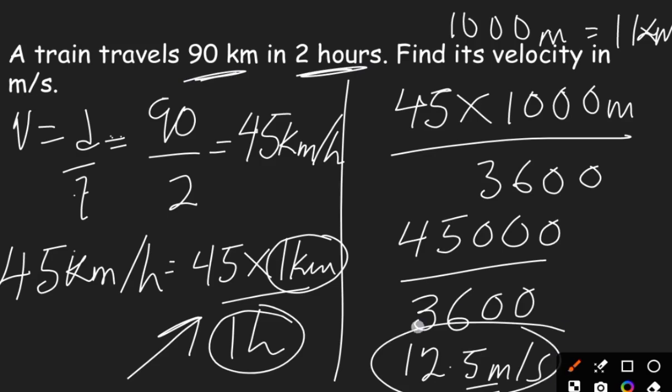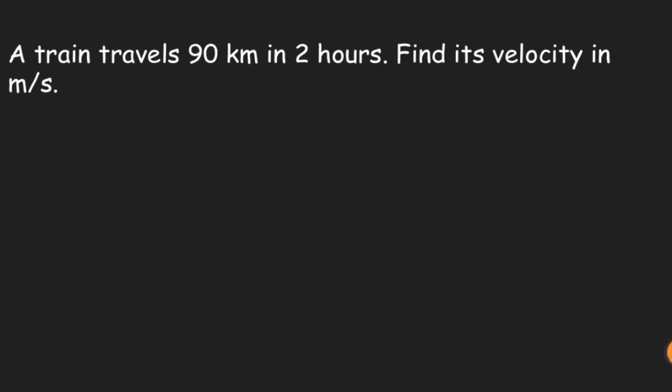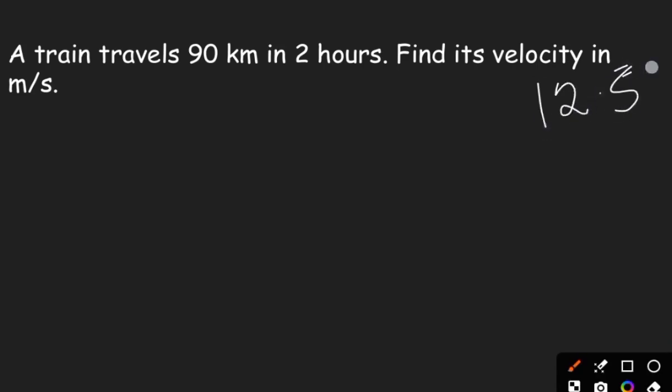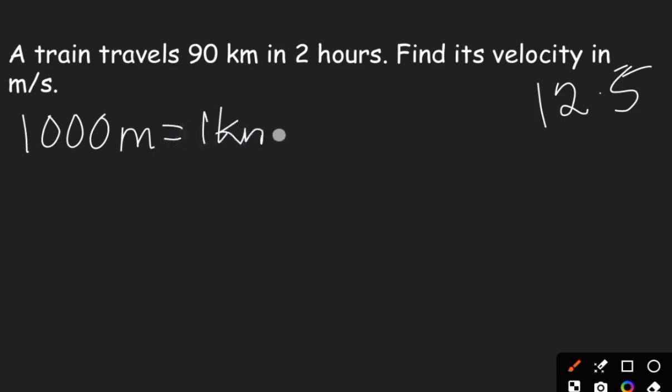So I mentioned another approach where you convert this to meters, this to seconds, and work it. So we know that our answer is what? 12.5. So let's expect 12.5. So converting 90 kilometers to meters. 1000 meters equals 1 kilometer. So 90 kilometers will be 90 times 1000. We are going to have 90,000 meters. Then 2 hours. 1 hour equals 3,600 seconds.